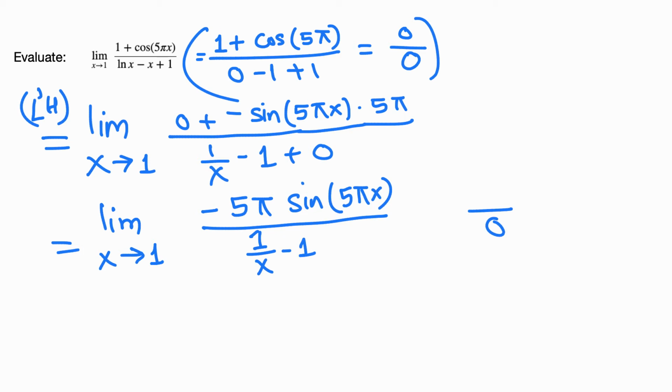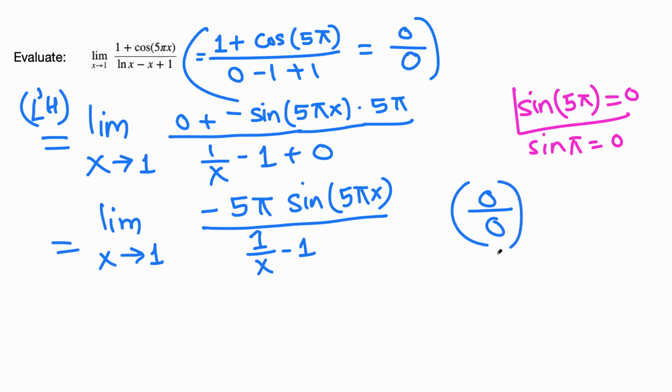We know that sine pi is sine 180, which is 0. 3 pi is 0, pi is also 0, or you can check in your calculator. So this is 0 times any other number, and 0 times a number is 0. So we have 0 over 0. That means we need to apply L'Hopital's rule one more time.